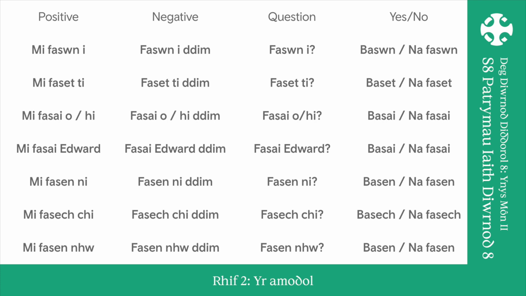Faswn i, fasa ti, fasa o, fasa hi, fasa ni, fasa chi, fasa nhw. Baswn, na faswn. Baset, na faset. Basai, na fasai. Basen, na fasen.